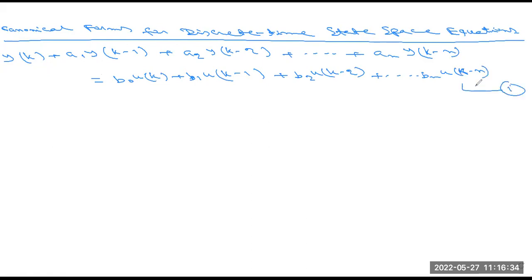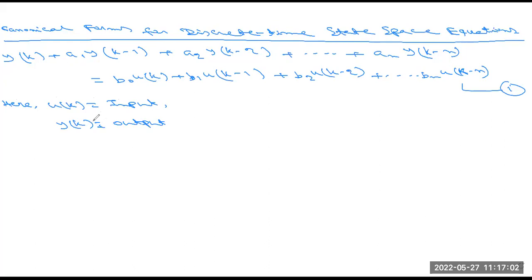So you know that here u of k is the input, and y of k is the output. It is also the number of sampling signals, k, the number of k terms.